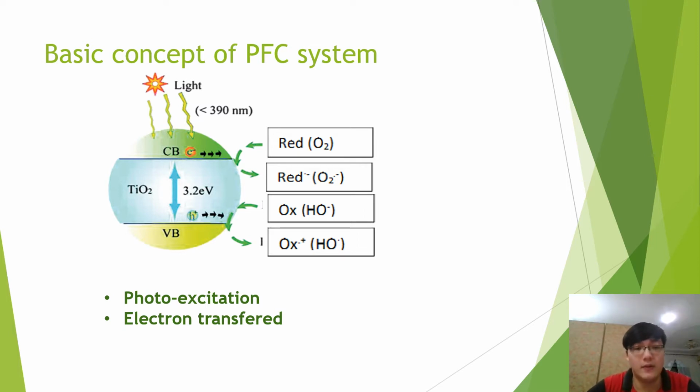This causes the oxidation of hydroxide ions to hydroxyl radicals at the anode. The electron transfer from the photoanode to the cathode causes the reduction of oxygen to superoxide radical ions and produces electricity. This superoxide radical ion is a reactive oxygen species, which is an intermediate for the removal of the organic pollutants.